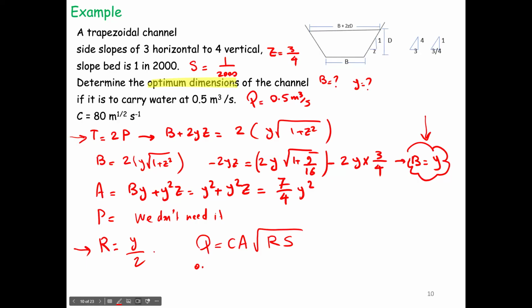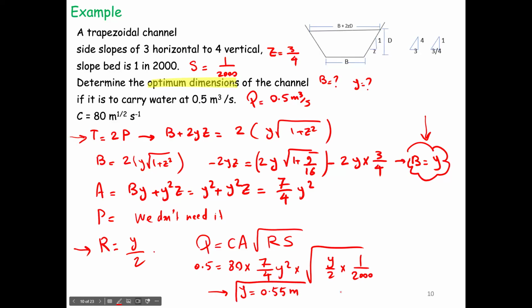Yes, 0.5. C, yes. Area, I have it. And R square root. And for this one, I have. If I do that, I will end up finding Y. And I will have B as well, which is equal to that.